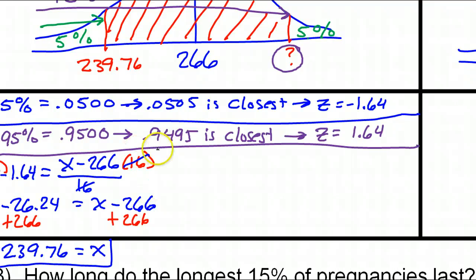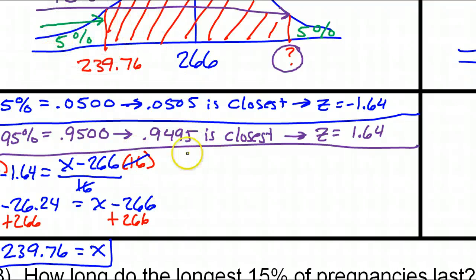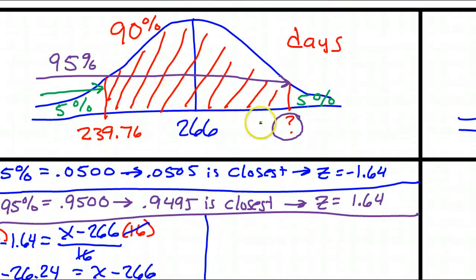Okay, now we need to find the other one. Or we don't really, because we know it is the middle 90%. Again, these should be symmetric. Well, I guess this is not 0.